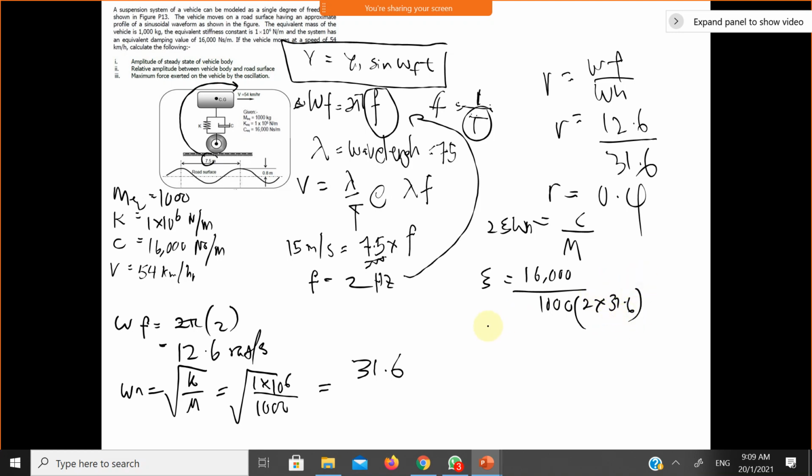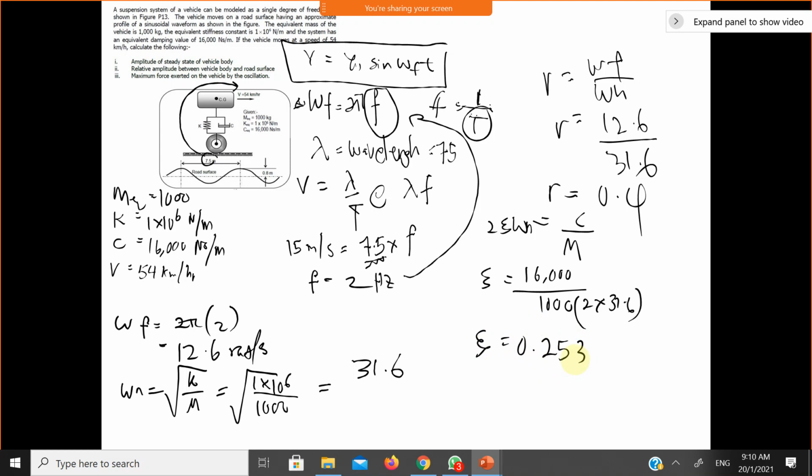So what is our zeta? Zeta is 0.253. Okay, so that is our zeta.